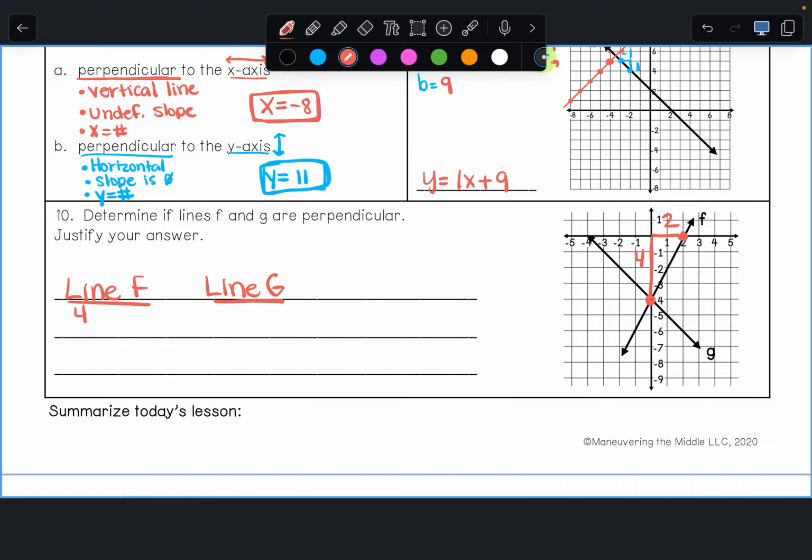So 4 over 2 gives us 2. We're going to keep it in fraction form, so we're just going to use 2 over 1. Now line G, we can use (0, -4) again, but what other one? (1, -5). So what's the rise? -1.